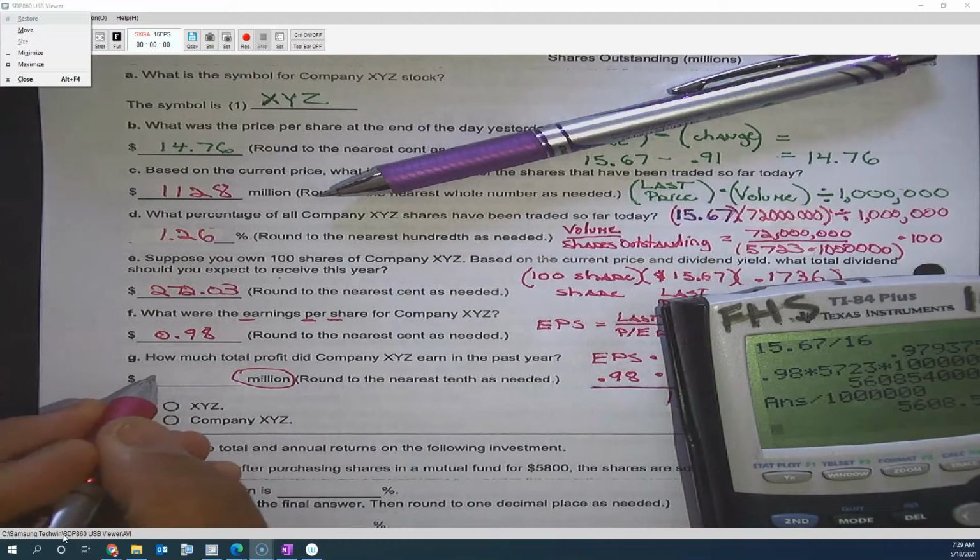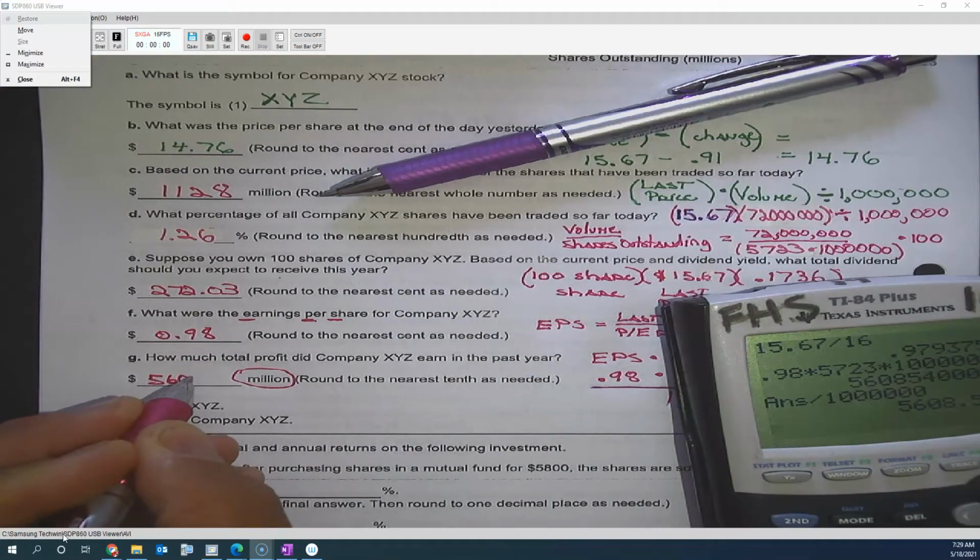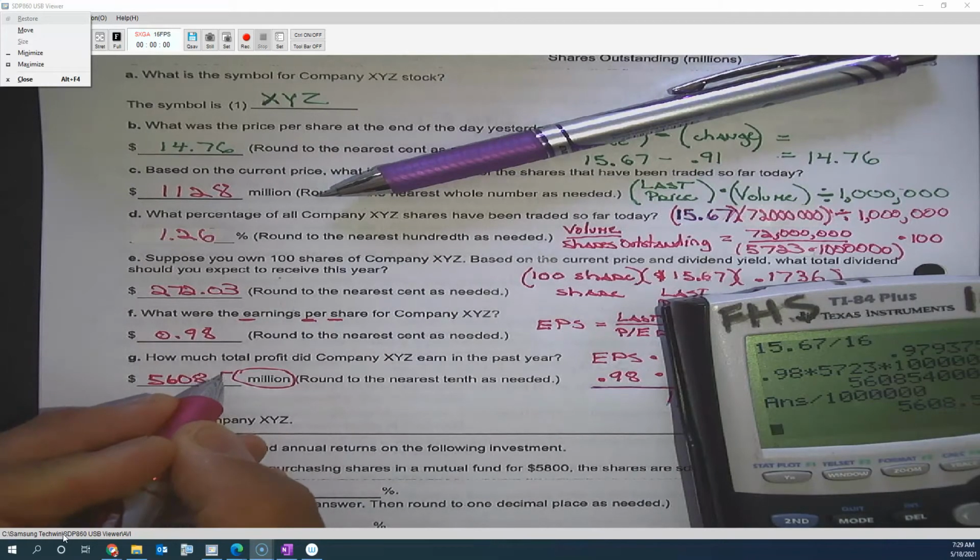Okay, and this would be 5608 to the nearest tenth, 0.5.